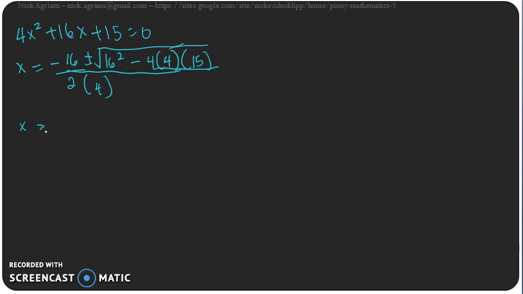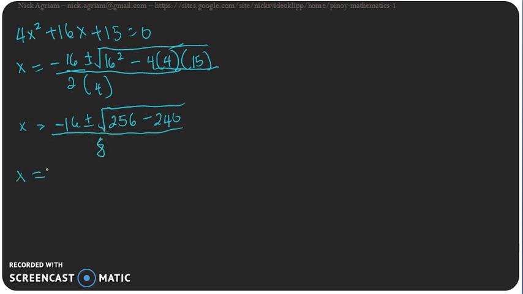Then we have x is equal to negative 16 plus minus the square root of 16 squared. What will that be? 16 squared is 256. 256 minus 4 times 15 is 60, times 4 is 240, divided by 8.